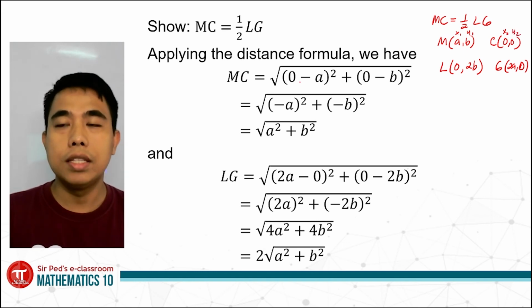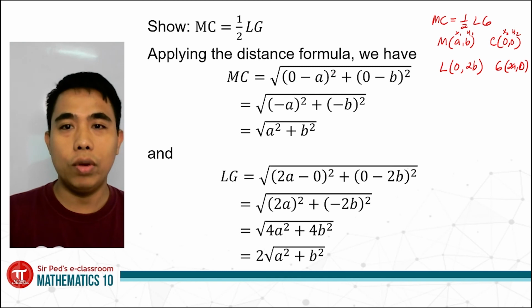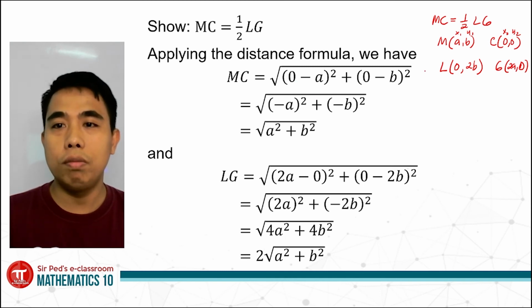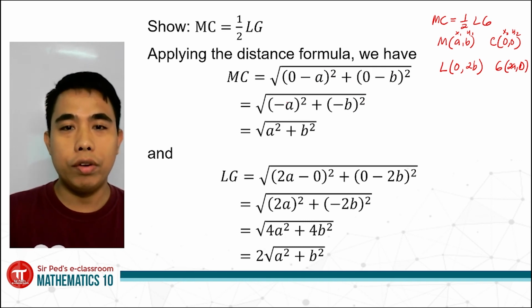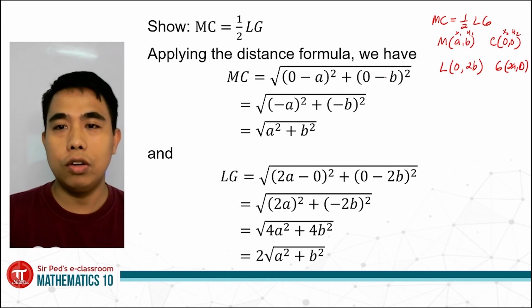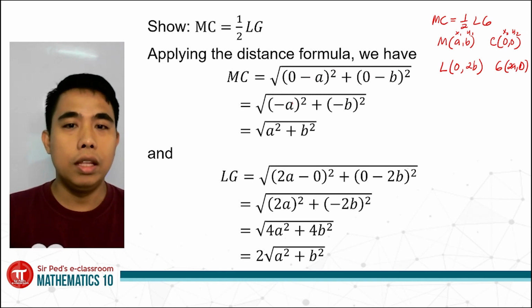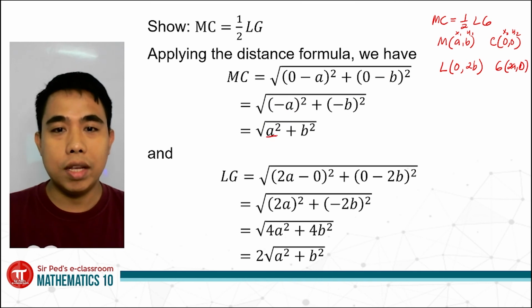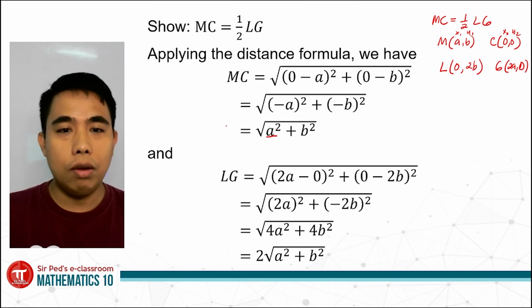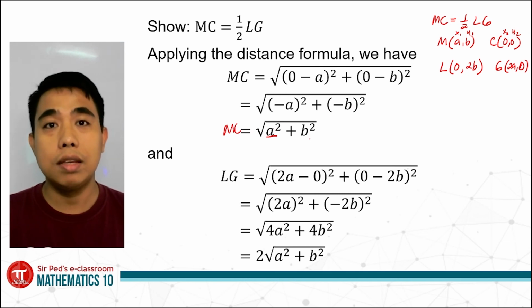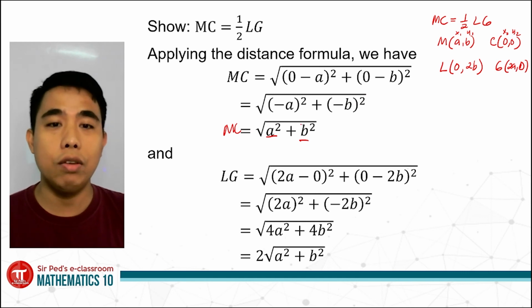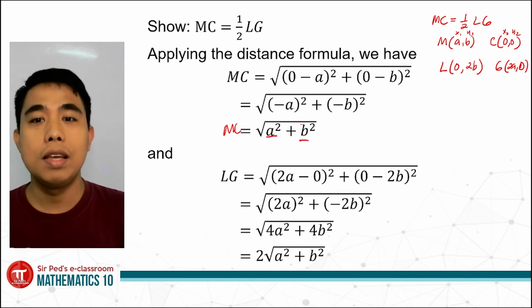So this will be 0 minus a, the quantity squared, plus 0 minus b, the quantity squared. Simplifying, we have square root of negative a, the quantity squared, for 0 minus a, and then negative b, the quantity squared, for 0 minus b. Take note, negative a, the quantity squared, is the same as a squared. So MC now is equal to the square root of a squared plus negative b, the quantity squared, is b squared. So MC now is equal to the square root of a squared plus b squared.